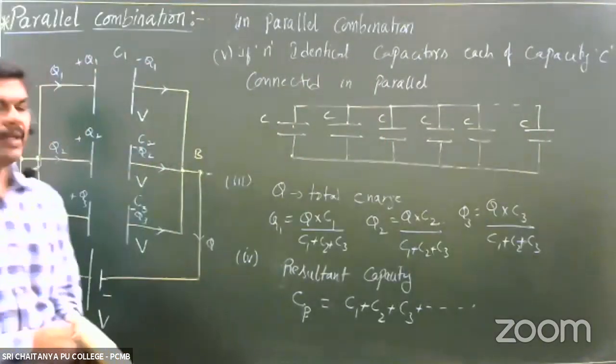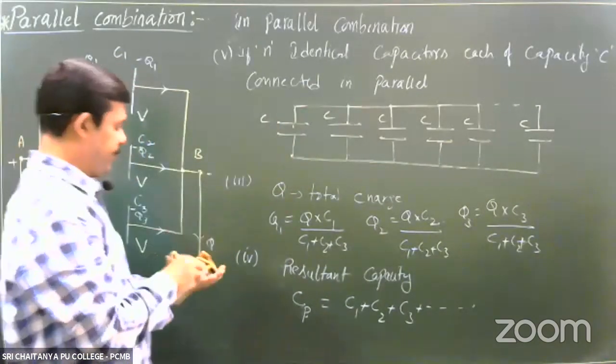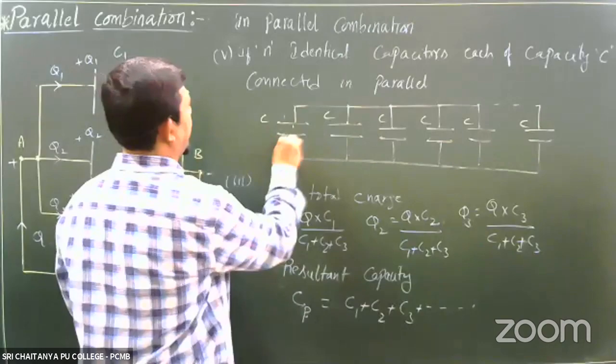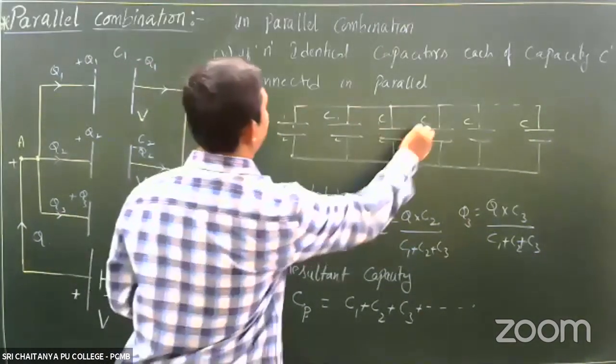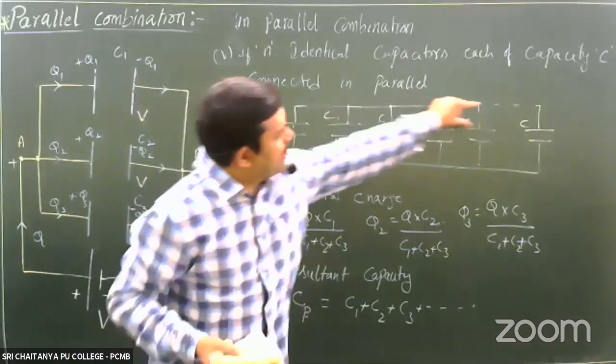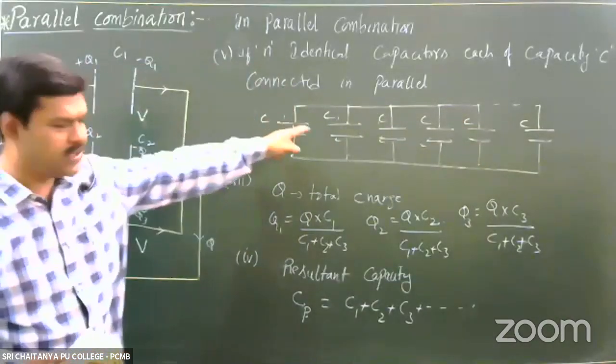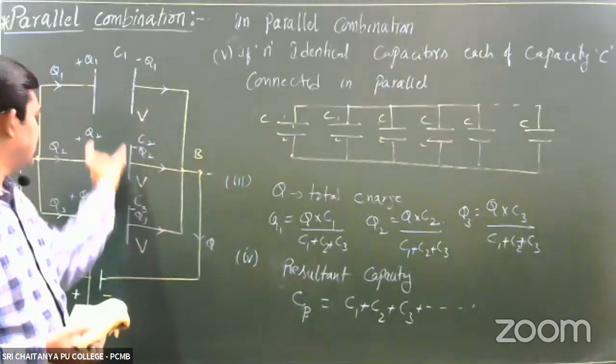Look here. Plate 1, plate 2, plate 1, plate 2, and so on. All first plates are connected to this common terminal, and all second plates are connected to this common terminal. This is also a parallel combination. Is it not the same as this?